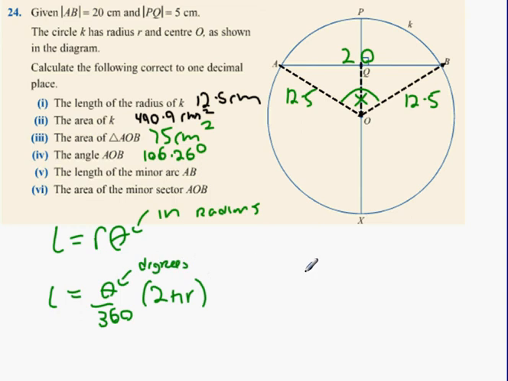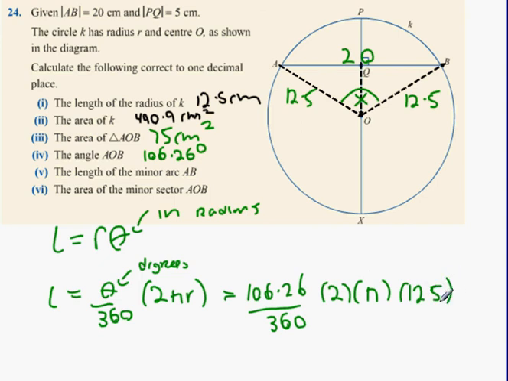So we say 106.26 divided by 360 multiplied by 2 multiplied by pi multiplied by 12.5 will give us the arc AB, being this length here, and the angle it's opposite is the 106.26.